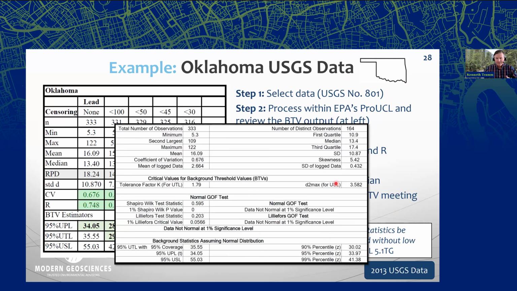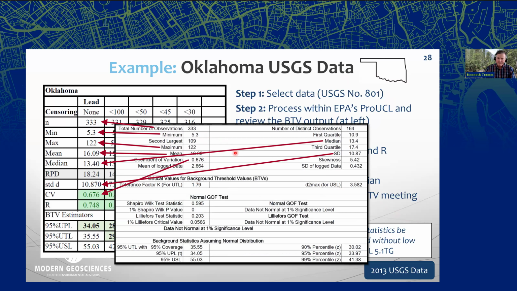So if I put this data together, now I didn't give you each of the concentrations because that would be too long for this page, but if we ran it through, you can see that's where I got my 333 from, my maximum, my mean, my median, my coefficient of variance, and then I've got my 3 possible estimators. So we ran it through here, and we're going to make the assumption that everything's behaving with a normal distribution.